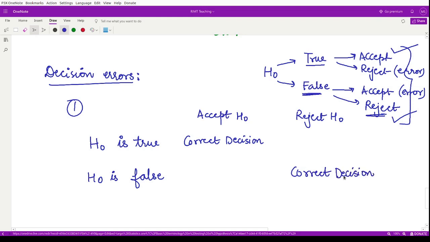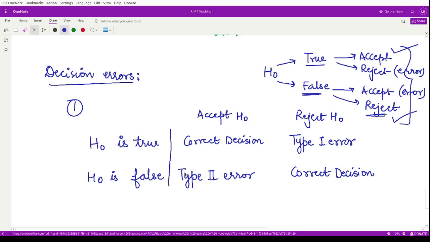However, if your hypothesis is true and you are rejecting it, then we call that the type 1 error. And if your hypothesis is false and you are accepting it, then you are making a type 2 error, right?